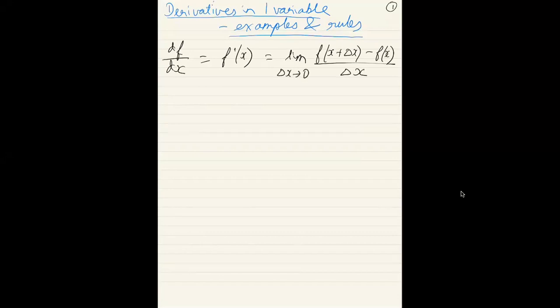What this means is that if we have any generic function which looks something like this, we can fix 2 points, one over here at x, one over here at x plus delta x, and calculate the difference in function over here. This one is f of x plus delta x, while this is f of x.